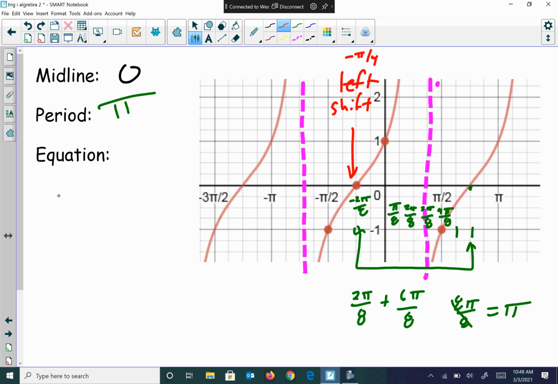Okay, so I'm going to go y equals tangent, happens twice as often, and it shifted left, so that's going to be plus pi over 4.